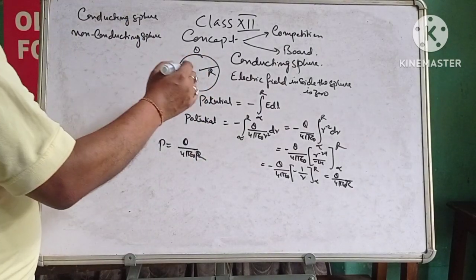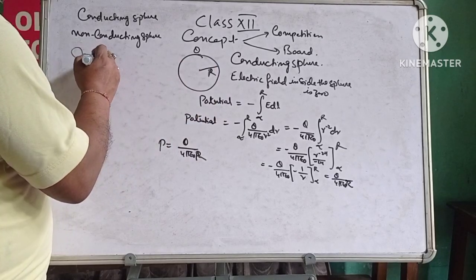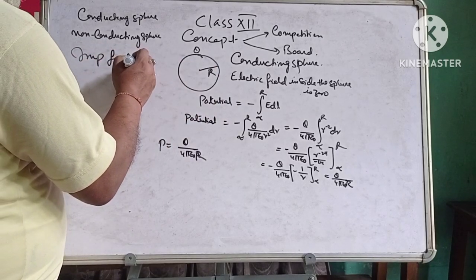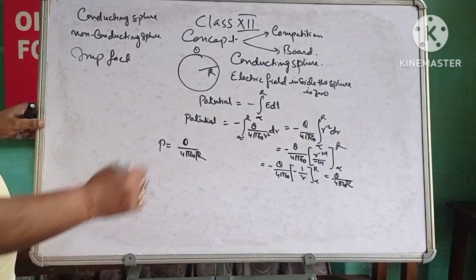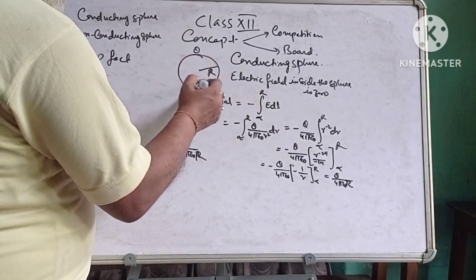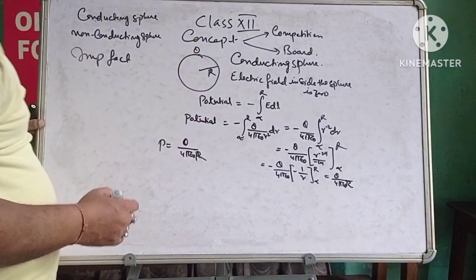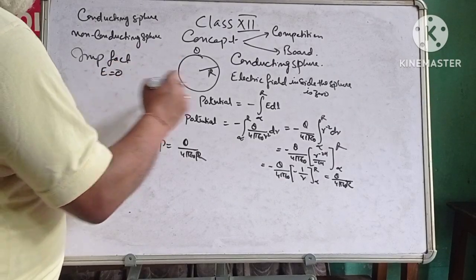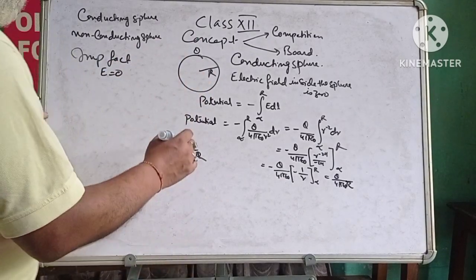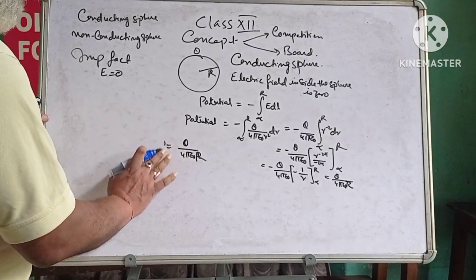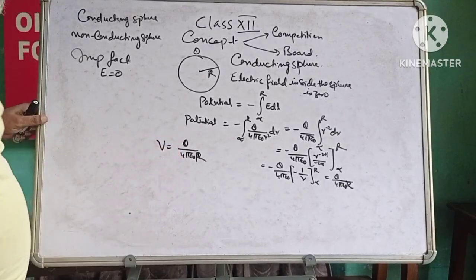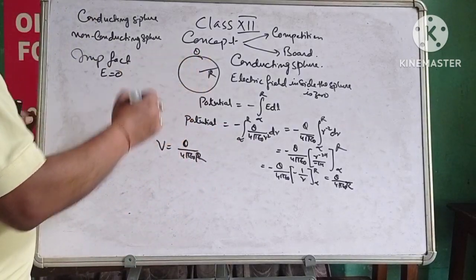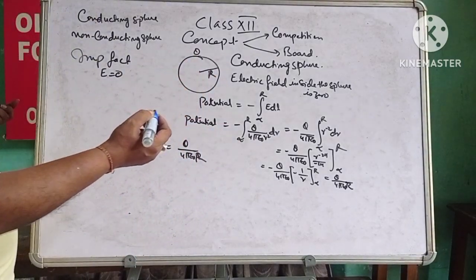So what is the important fact? The electric field inside the sphere is 0. But the potential V on the surface and inside the sphere is the same.